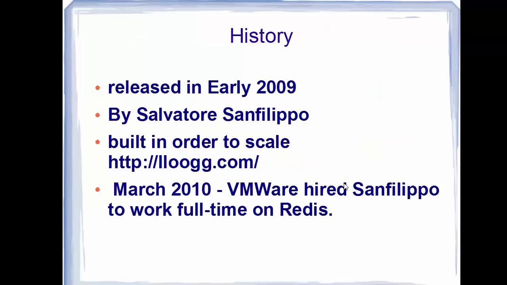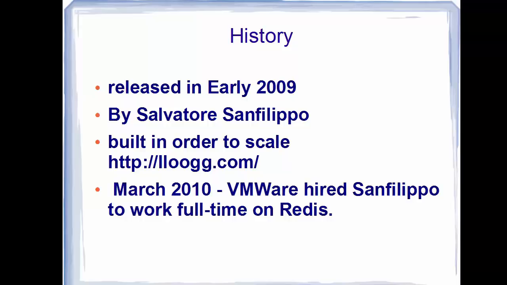Now let's talk about some of the history of Redis. In early 2009, a developer called Salvatore Sanfilippo, an Italian developer by the way, started the Redis project. At that time, he was working on a real-time web analytics solution and found that MySQL could not provide the necessary performance.